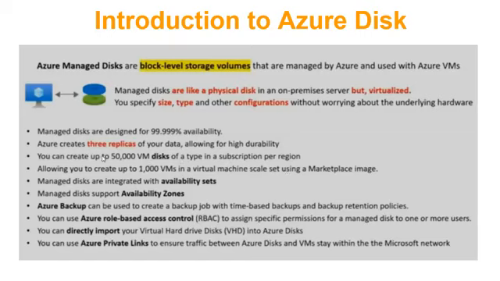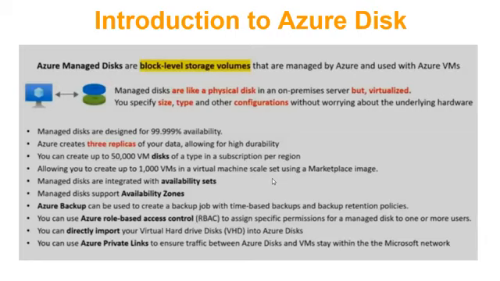Next, it allows you to create up to 1000 VMs in a virtual machine scale set using a marketplace image. Whenever you are using a virtual machine scale set, you can use 1000 VMs using a single marketplace image. And managed disks are integrated with availability sets.